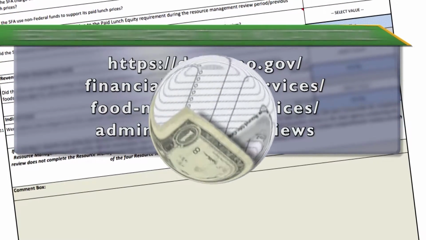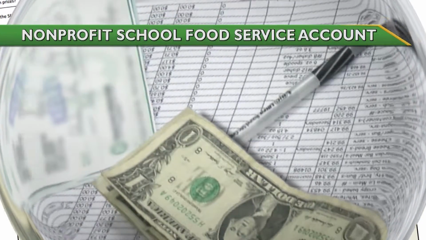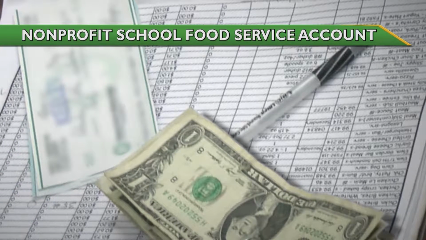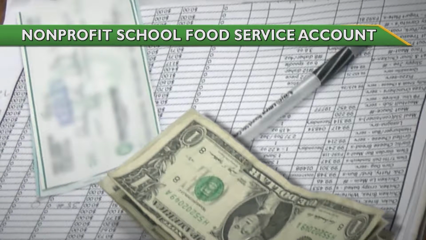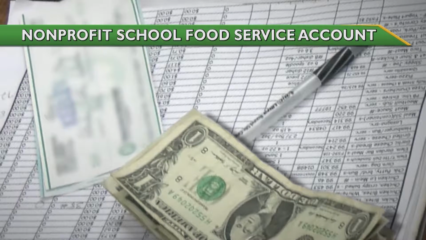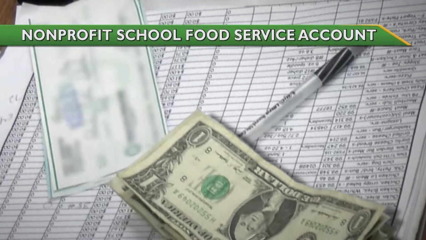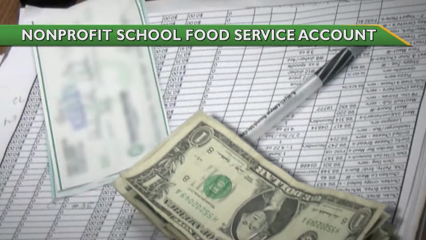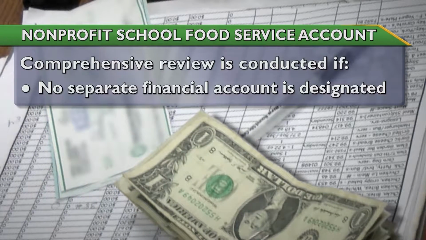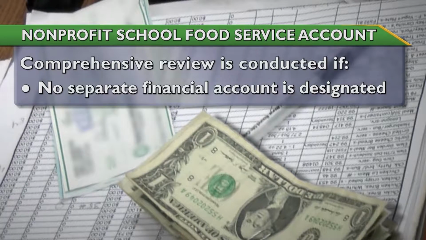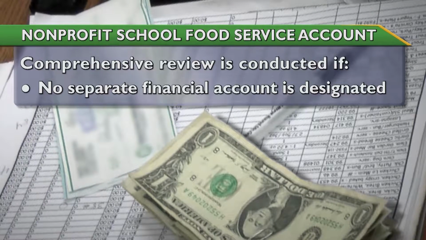Maintenance of the nonprofit school food service account. The state agency will conduct a comprehensive review of the LEA for maintenance of the nonprofit school food service account if any of the following is found: the LEA did not have a separate financial account designated for the nonprofit school food service.